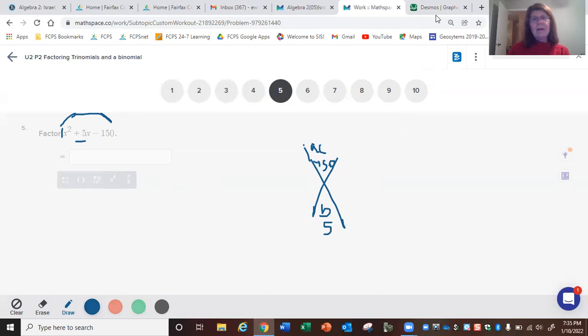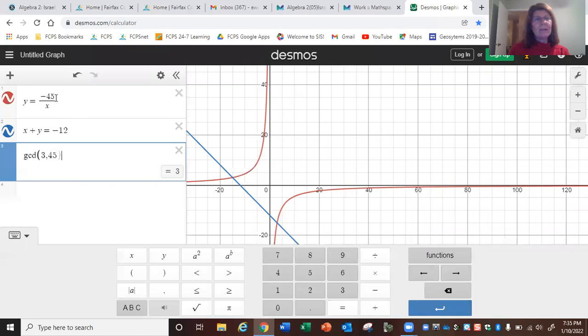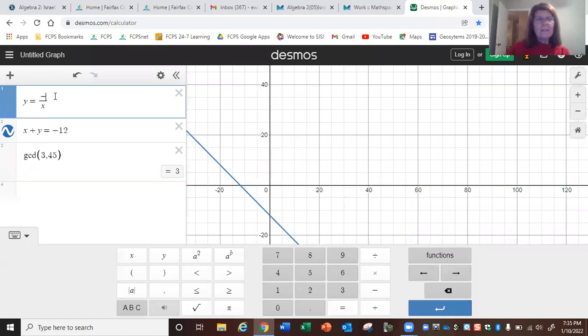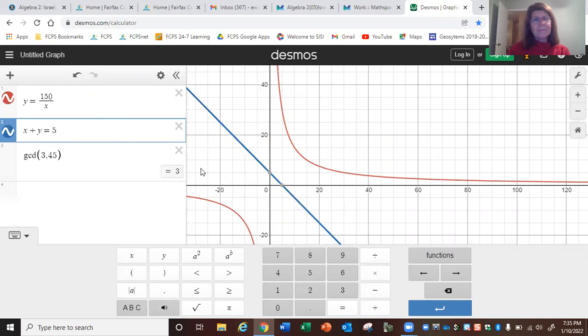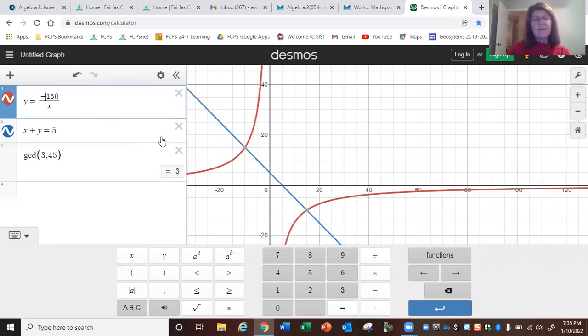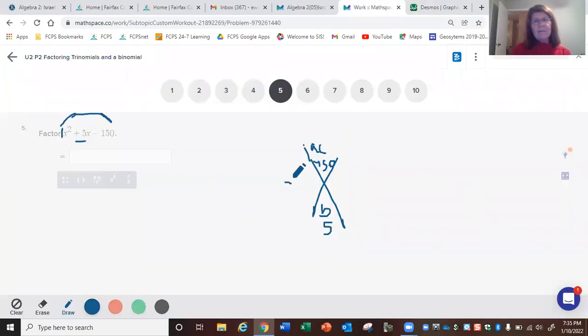Now I go to Desmos and I get the factors of negative 150, and I want them to add up to be 5. The intersection there is negative 10 and 15, my magic numbers.